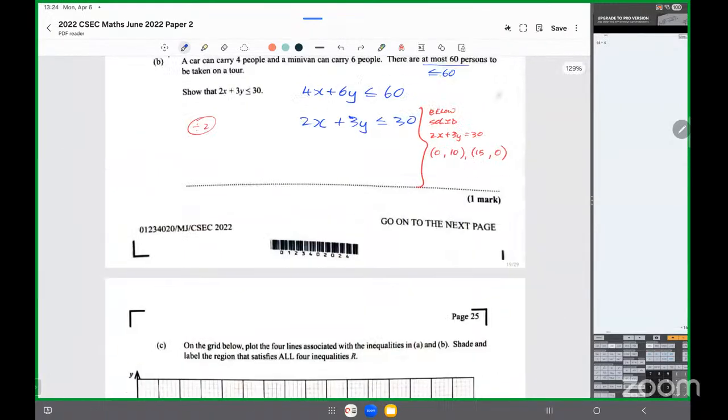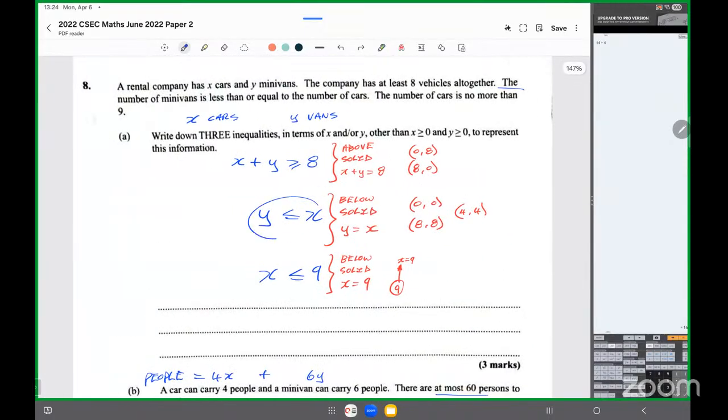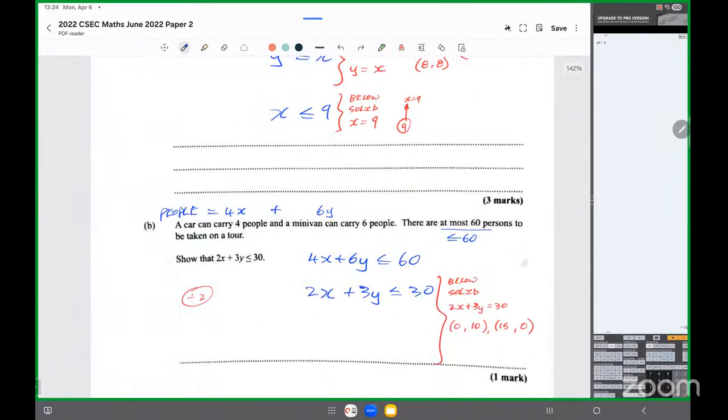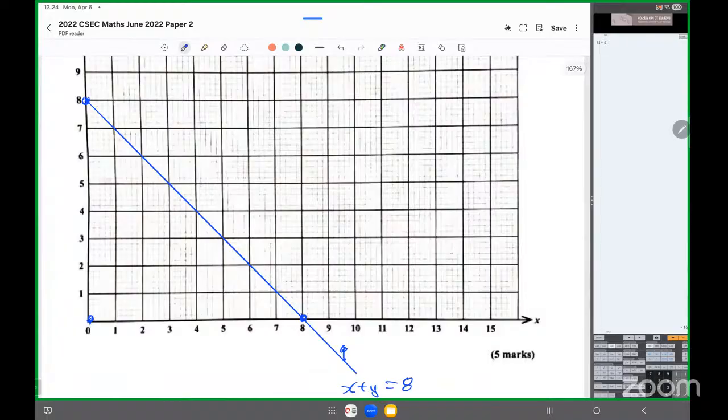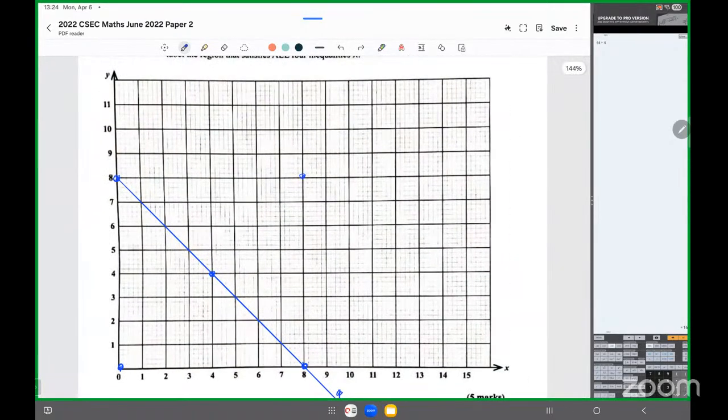Next one is y equals x, and I want below it. So y equals x passes right down the middle of the graph. It passes through 0, 0, through 4, 4, through 8, 8 up here, and through 10, 10 here.